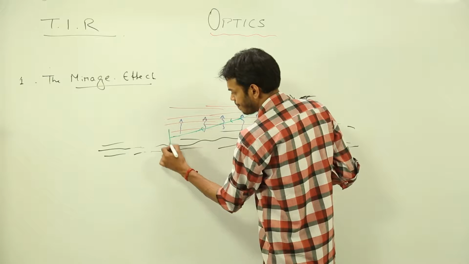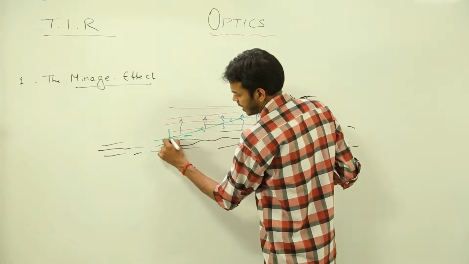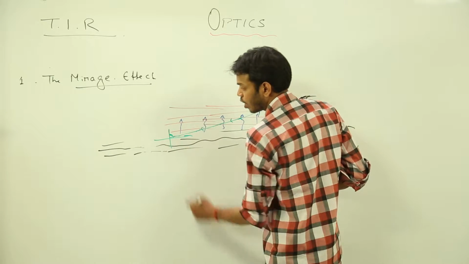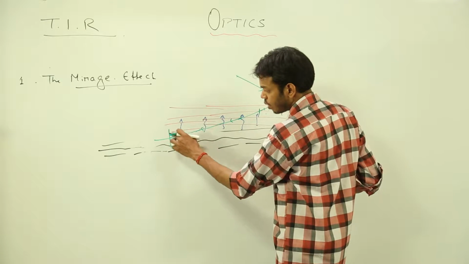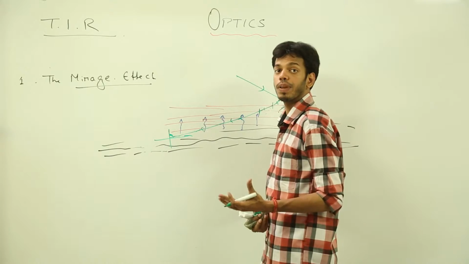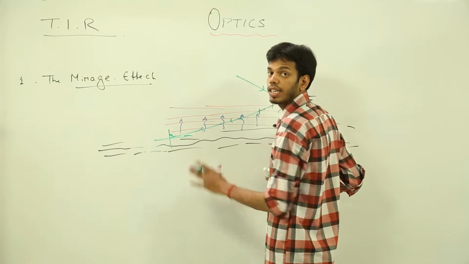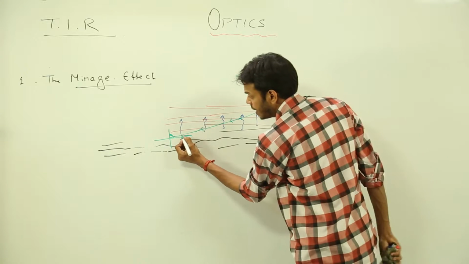At this point, what is the angle of incidence here? This is the angle of incidence, right? So this angle is way larger than what? The critical angle of the air and land interface.